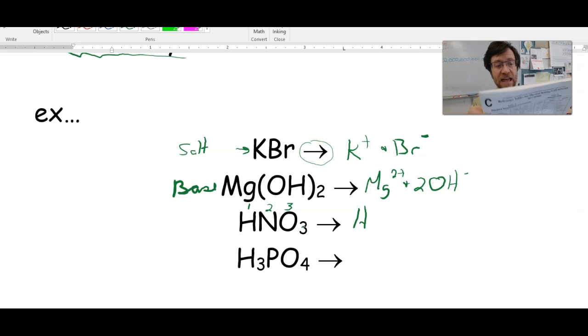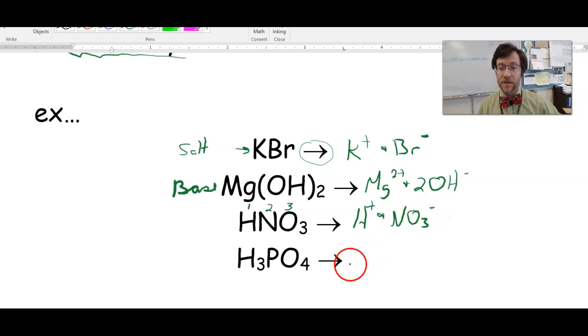So I'm going to break out Table E to help, if I remember correctly. Oh my gosh, I totally do. Yep, NO3 is a polyatomic ion. So what I'm going to get here is the H+ ion, and I'll get the NO3 minus ion. All right, this, oh, acid. I almost thought that was going to be salt.